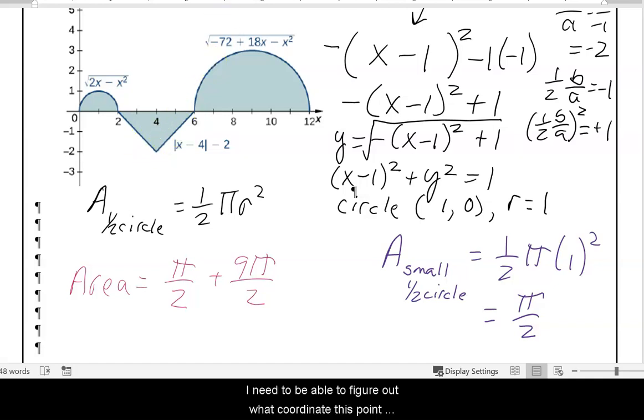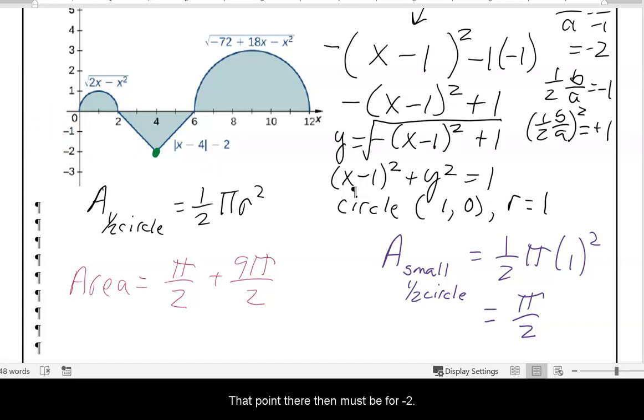I need to be able to figure out what coordinate this point right here has. In order to do that, I can either compute it or I can simply use my head. It looks like it's directly under 4. 4 minus 4 would give me 0, the absolute value of which is still 0, and 0 minus 2 would be -2.